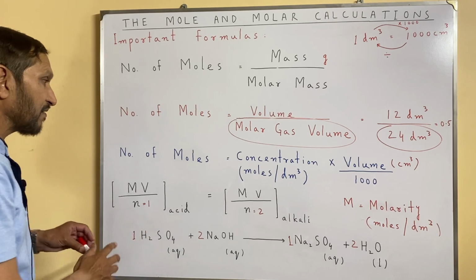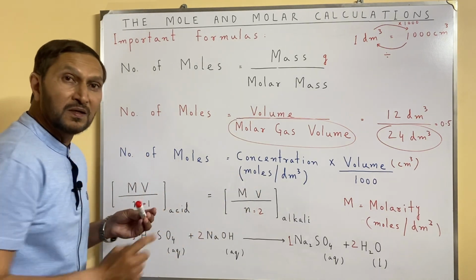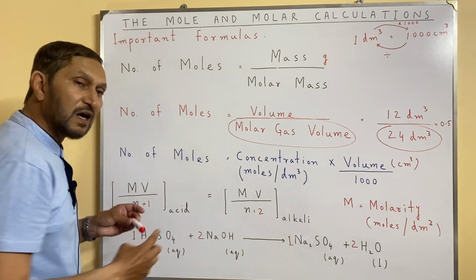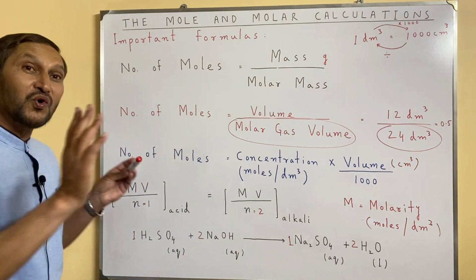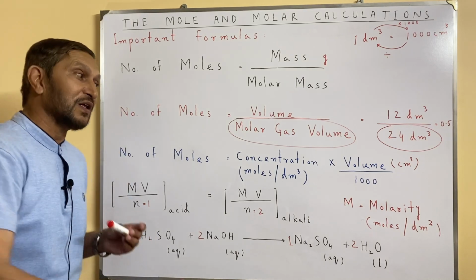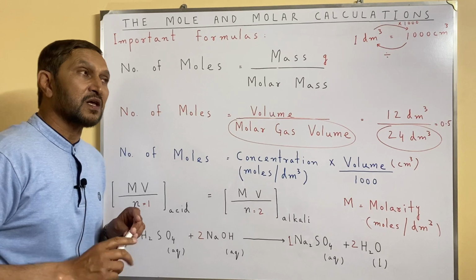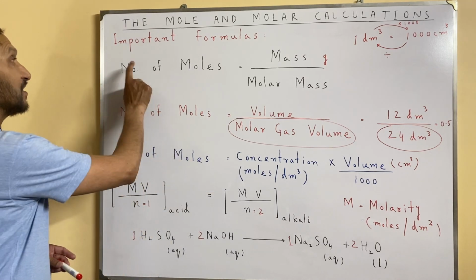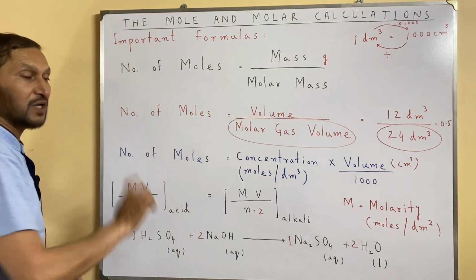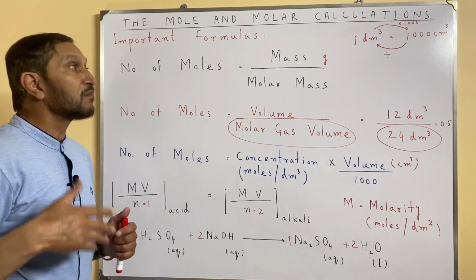So if we have 4 values, MV of acid and MV of alkali, and 3 values are given, we can find out the 4th value with the help of this formula. So all the molar calculations can be solved by these 4 formulas. That's how we can solve the molar calculations.